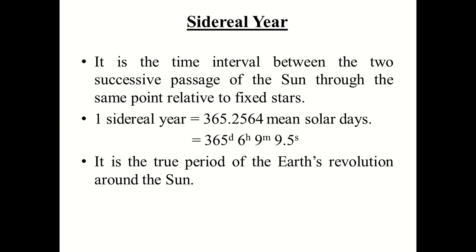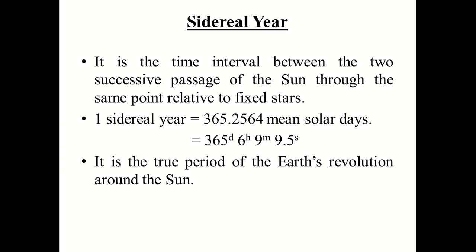So when we calculate the time interval between two successive passages of the sun through the same point relative to the fixed stars, it is called a sidereal year, which represents the true period of Earth's revolution around the sun.